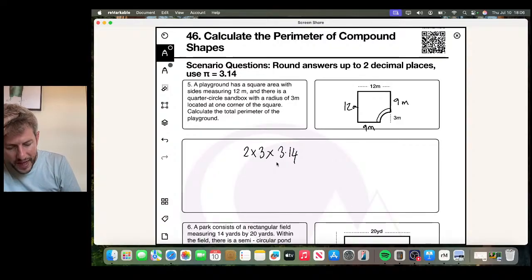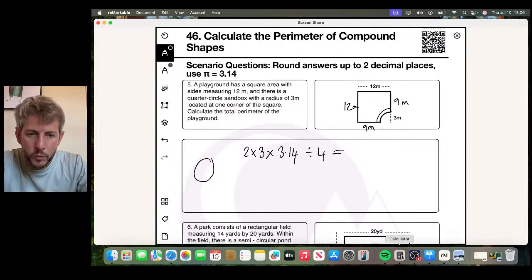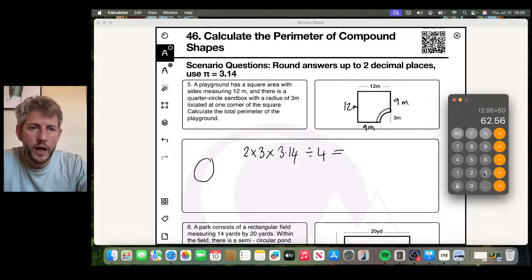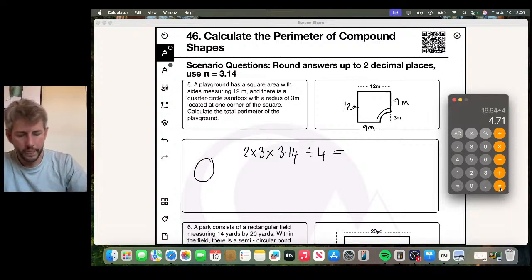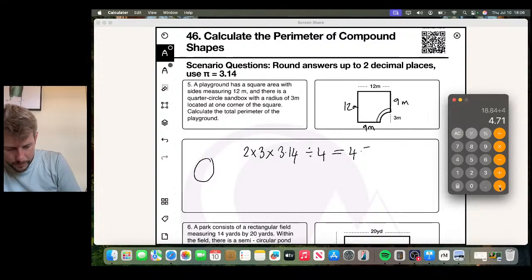That gives us a circumference if we had the whole circle with a radius of 3. But we've only got a quarter of a circle this time, so we're going to divide this answer by 4, and that will tell us what that little bit is there. So 2 times 3 times 3.14 equals this, and then divide that by 4 gives us 4.71.